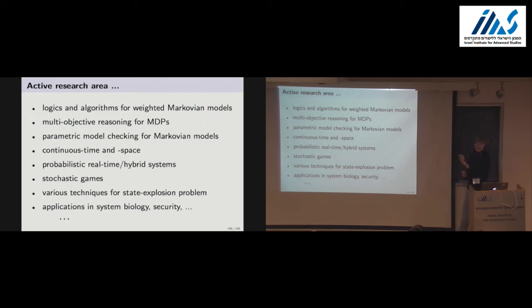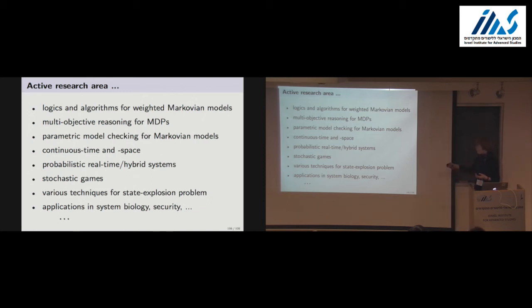The half is the probabilistic player, and the one player is the one who resolves the non-deterministic choices. But by stochastic games, I mean here 2.5 players, so you have something like an MDP as game arena, but then you classify the states by which player has to move.